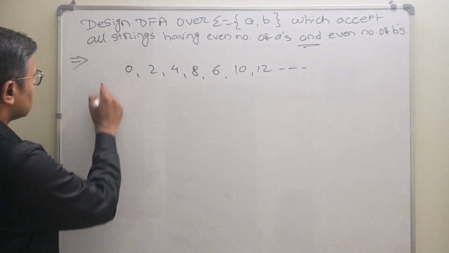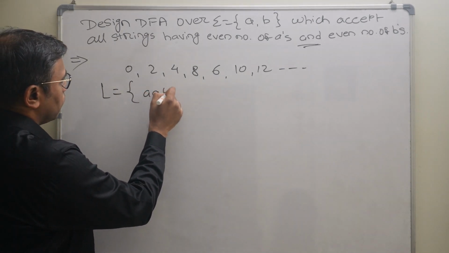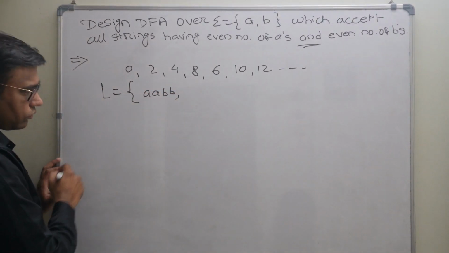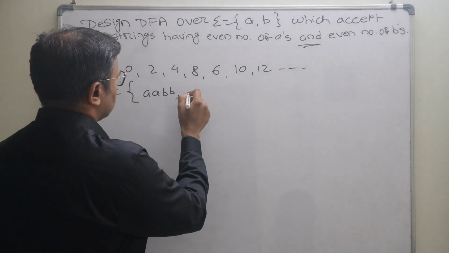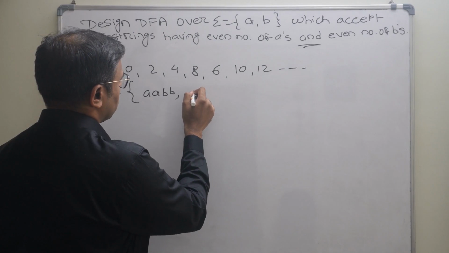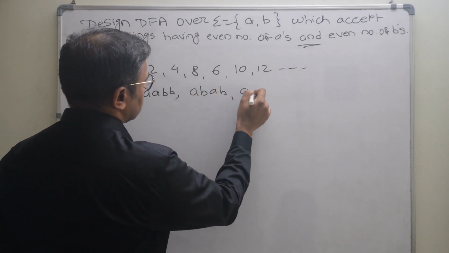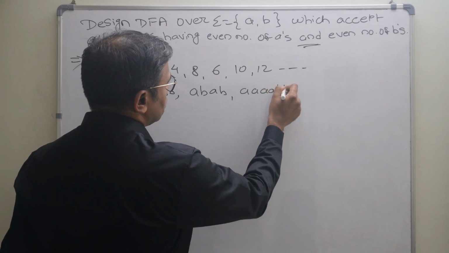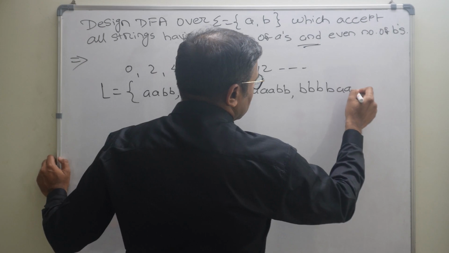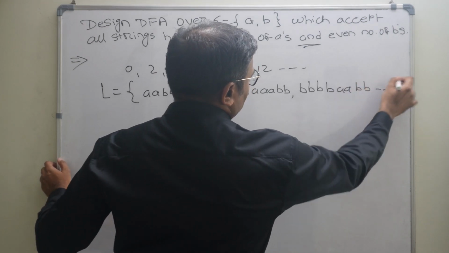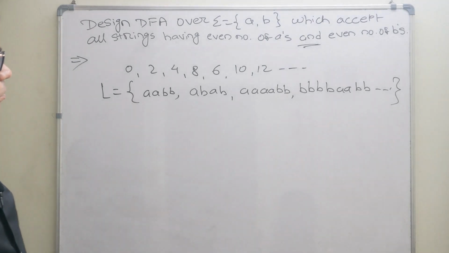So possible strings are, we can say, aa, bb, then even number of a and even number of b, so we can write here ab, then abb, or bbbb a, and so on, that contain even number of a and even number of b.